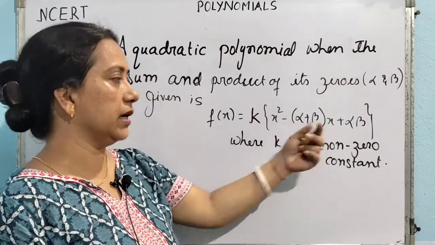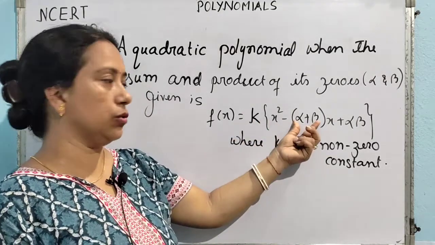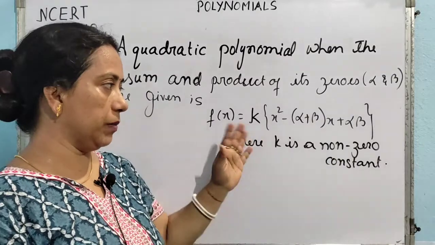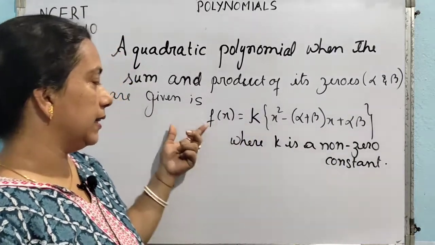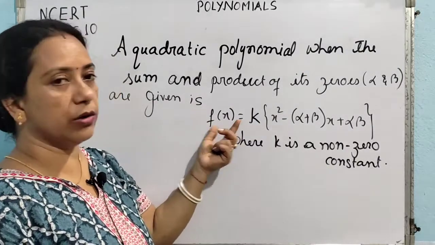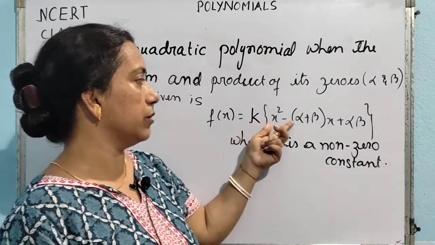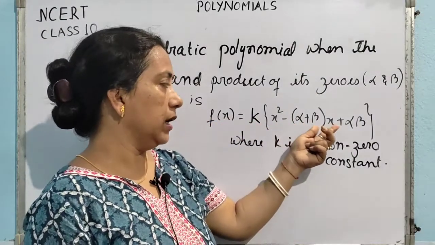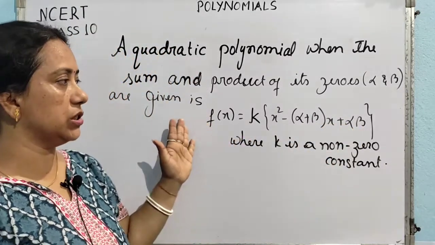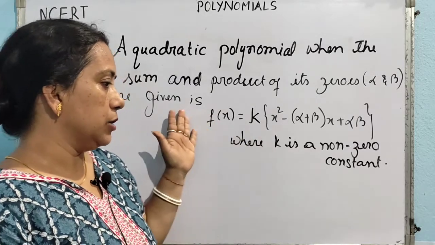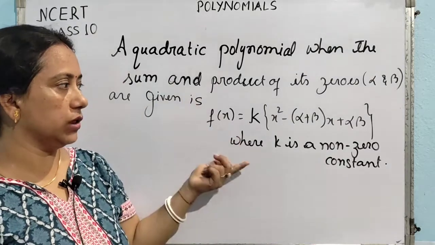So if the sum of the zeros and the product of the zeros is given in a particular question and you are asked to find the polynomial for which these are the zeros, then in case of a quadratic polynomial you can find the polynomial by this simple formula: f of x is equal to k into x square minus sum of the zeros into x plus product of the zeros. We will be doing some questions from exercise 2.2 which will involve these two things that we have discussed.